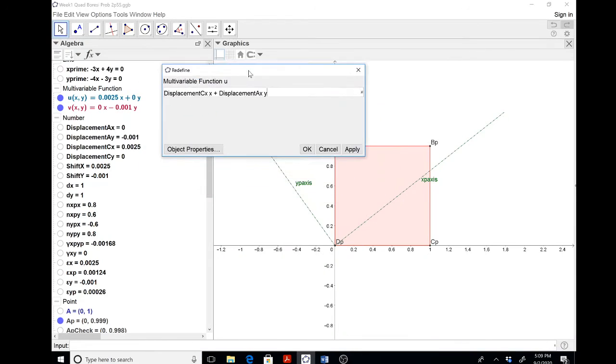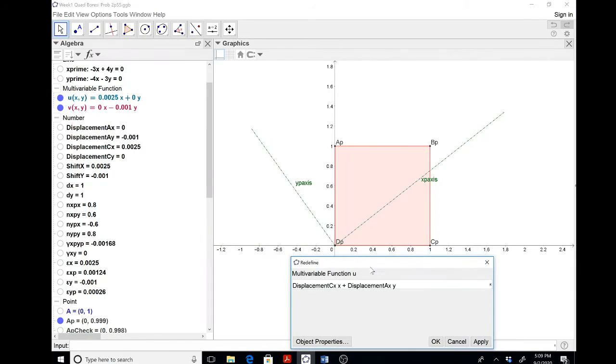So what I said was, and this is the hardest part of the whole thing, I said in the u direction, in the x direction, the u variable is what it is at C as a function of x, and what it is horizontally at A as a function of y. That is a thing of beauty. And I didn't come up with this. Somebody else came up with this. That is important.